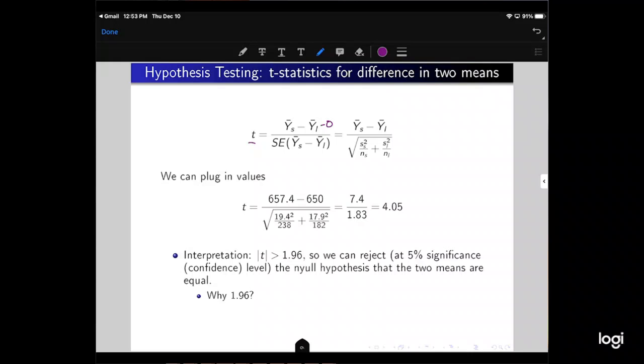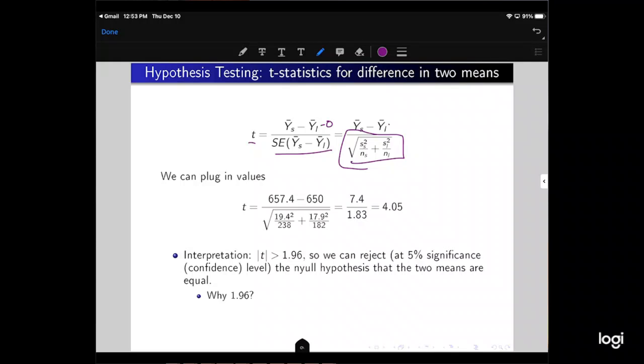We left out the minus 0 because that's our null hypothesis. We could put the minus 0 just to be complete, but it would drop out. And then we're going to divide by the standard error of the difference of the two. The formula for this is on the right here. So it's going to be y bar small minus y bar large over, this turns out to be the formula for the standard error of a difference. And we can plug in values.